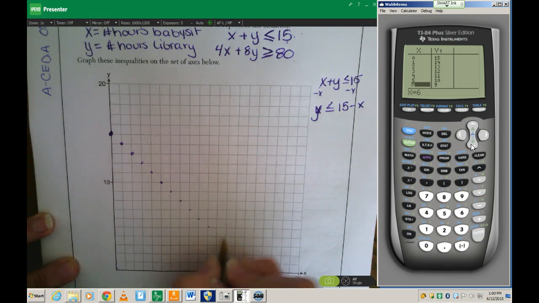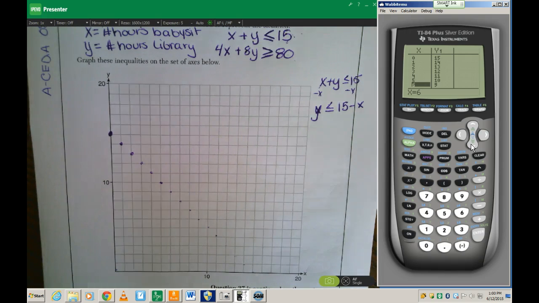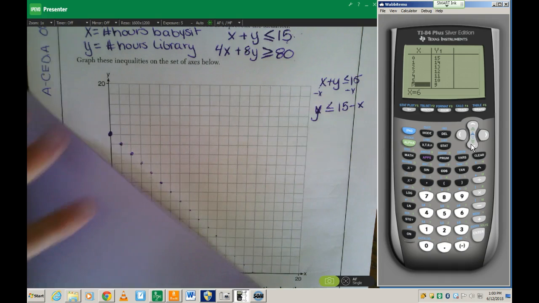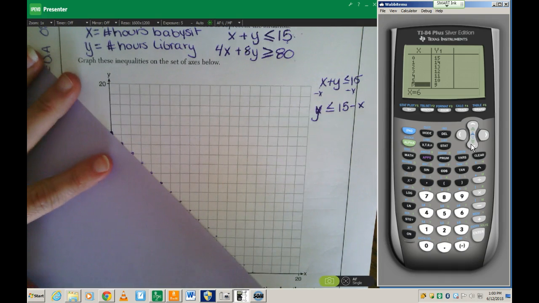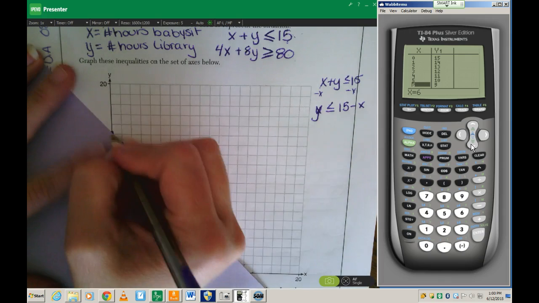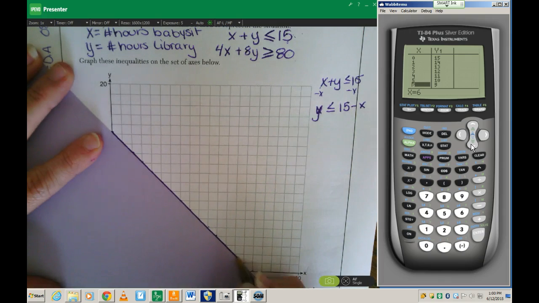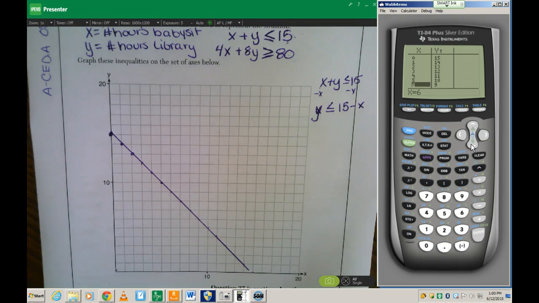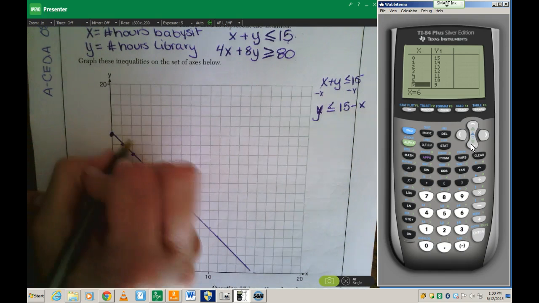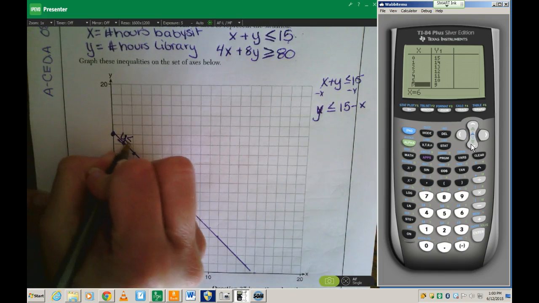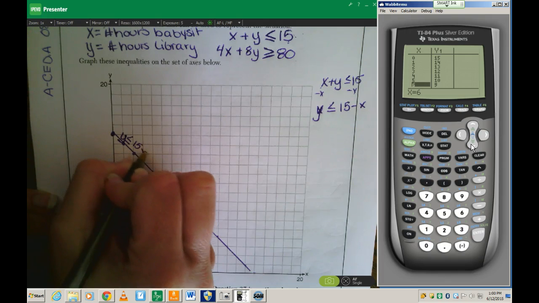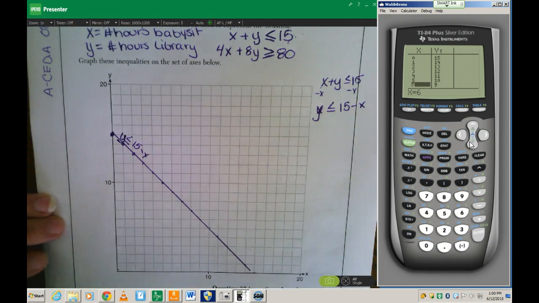Now because it's or equal to, when I do this graph, I'm going to have a solid line. And here, I'm just going to label it y is less than or equal to 15 minus x.